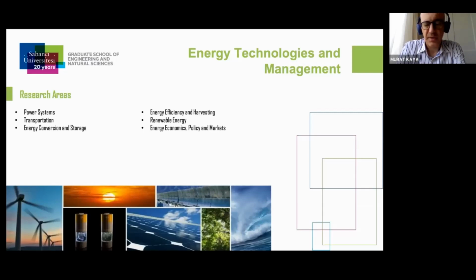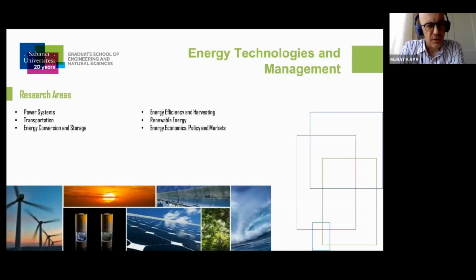Under power systems, this is coming from the industrial engineering domain, and we are solving optimization problems and decision problems of electricity or power systems. So we are not looking at power systems from an electrical and electronics point of view, mostly, but our current research is in the industrial engineering domain, which is optimization and decision problems in power systems.